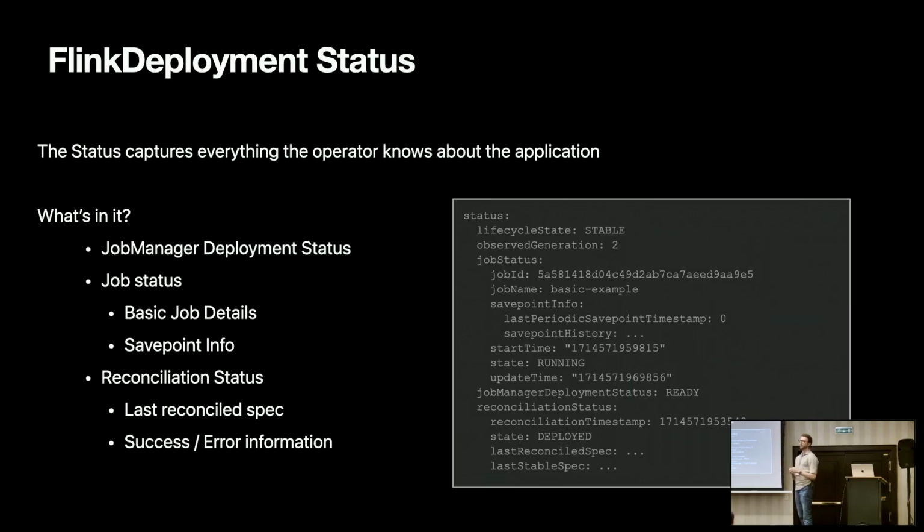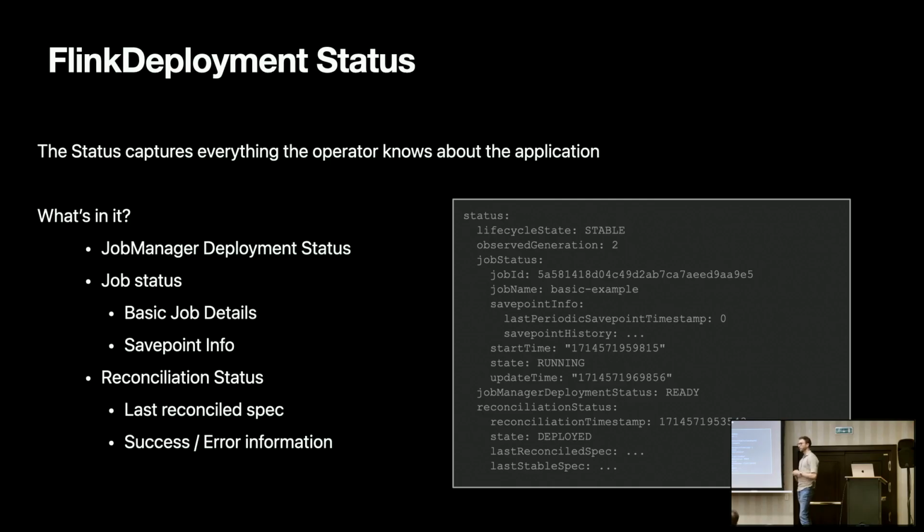But in order to do this, the operator also needs to continuously collect information about the running job. And most of this information is stored in the status field of the custom resource. This is auto-populated by the operator.